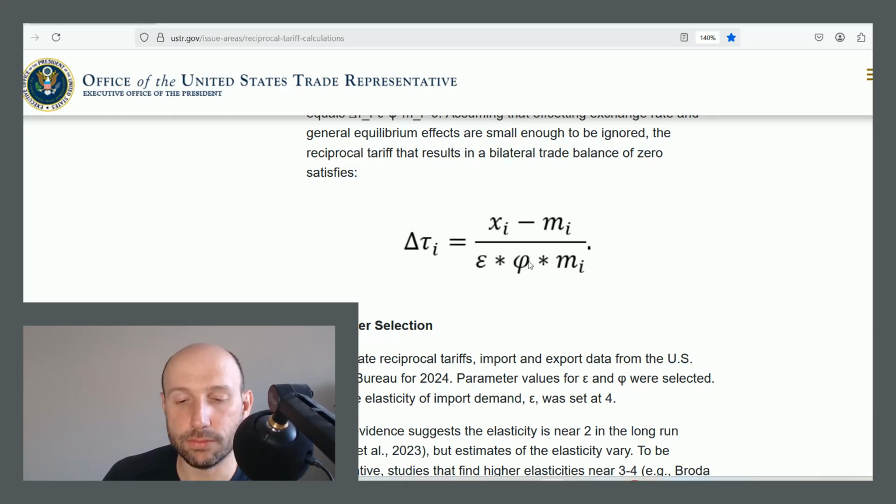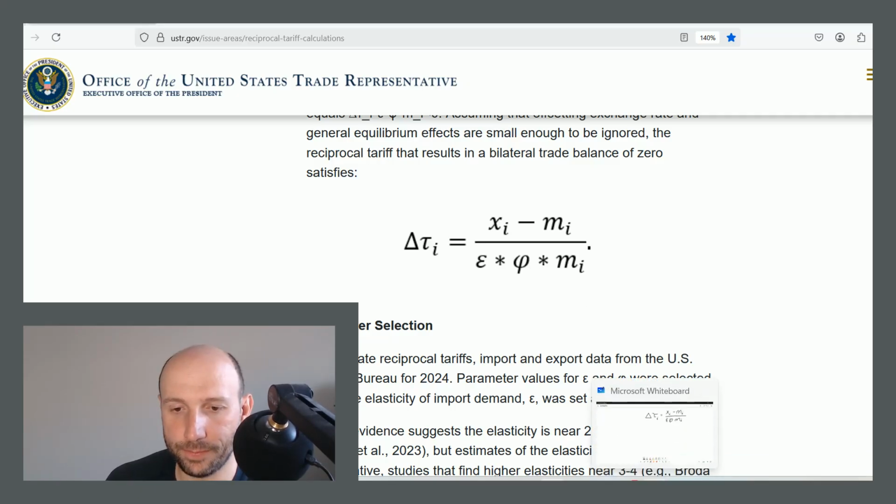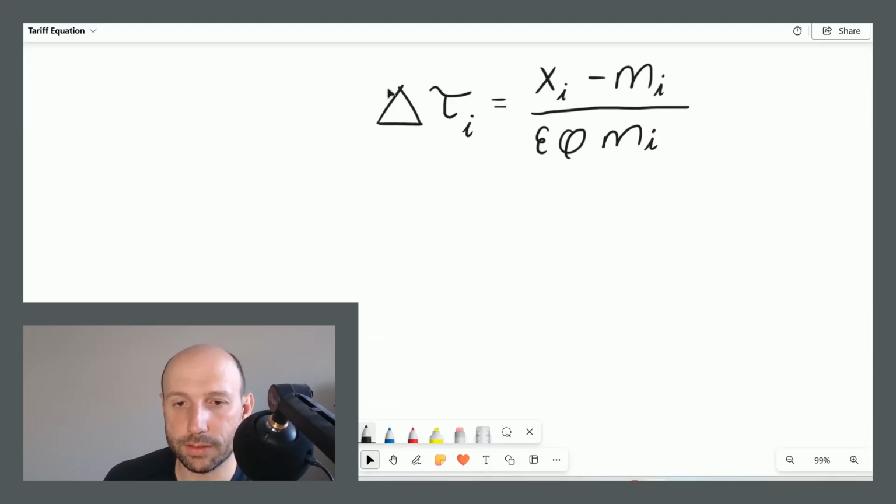Now, to understand what this equation does, we are going to go to the whiteboard and we'll actually rewrite this equation in a way that's a bit simpler to understand. So let's do that. Okay, here's the same equation up here. Now you'll notice that some of these values have a subscript i next to them.